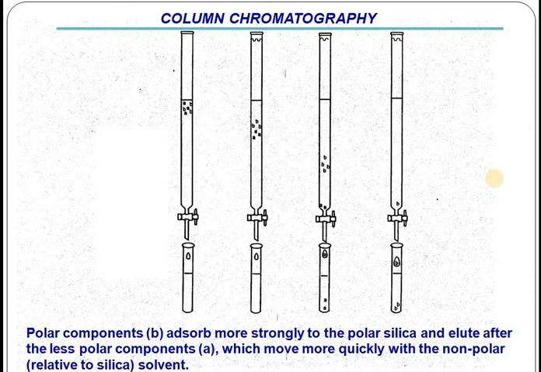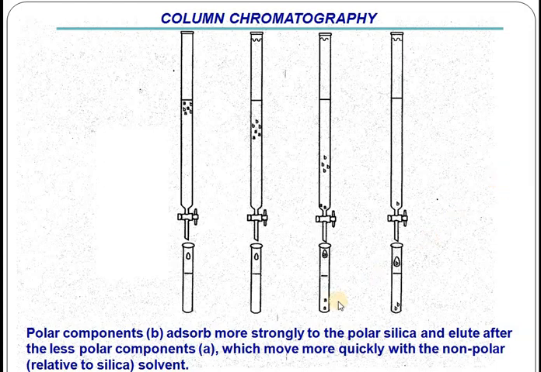Polar component B adsorbs more strongly to the polar silica and elutes after the less polar component A, which moves more quickly with the non-polar solvent relative to silica.